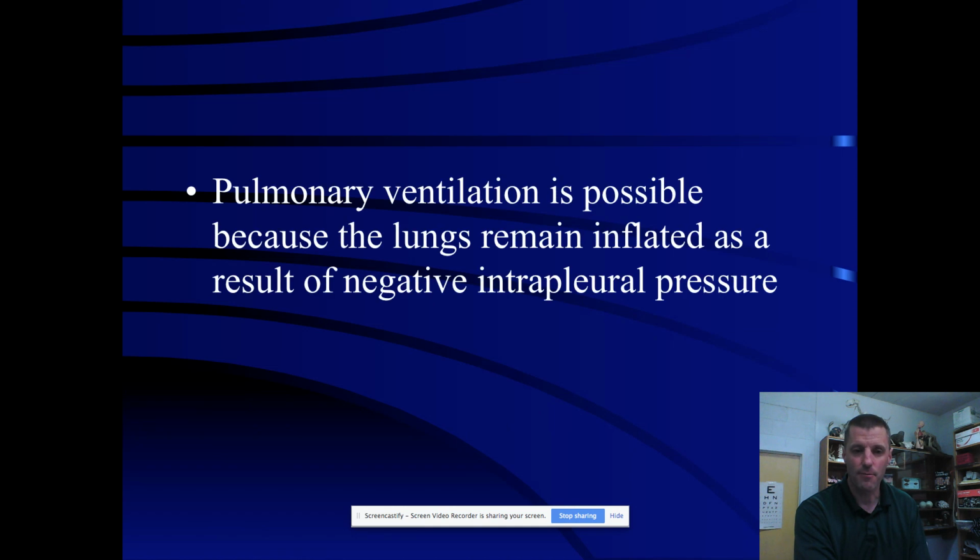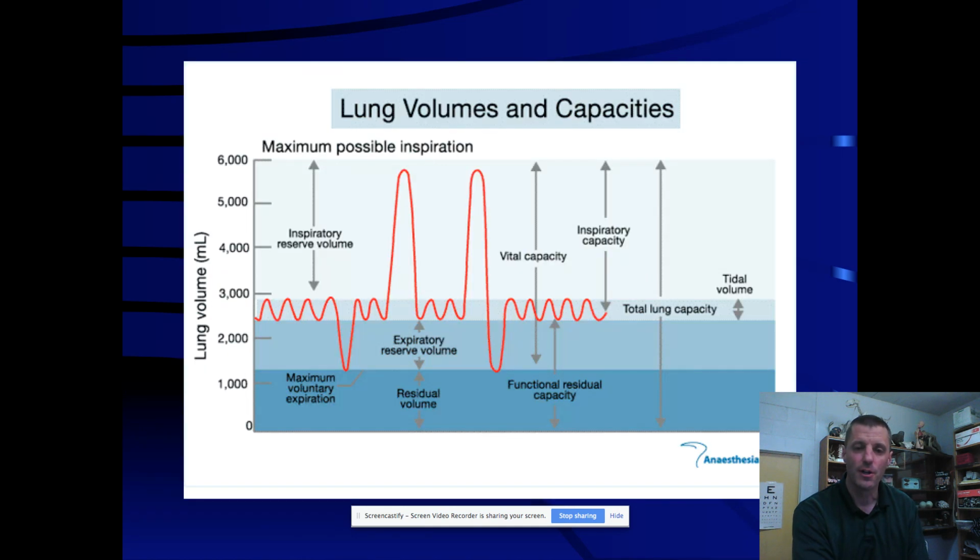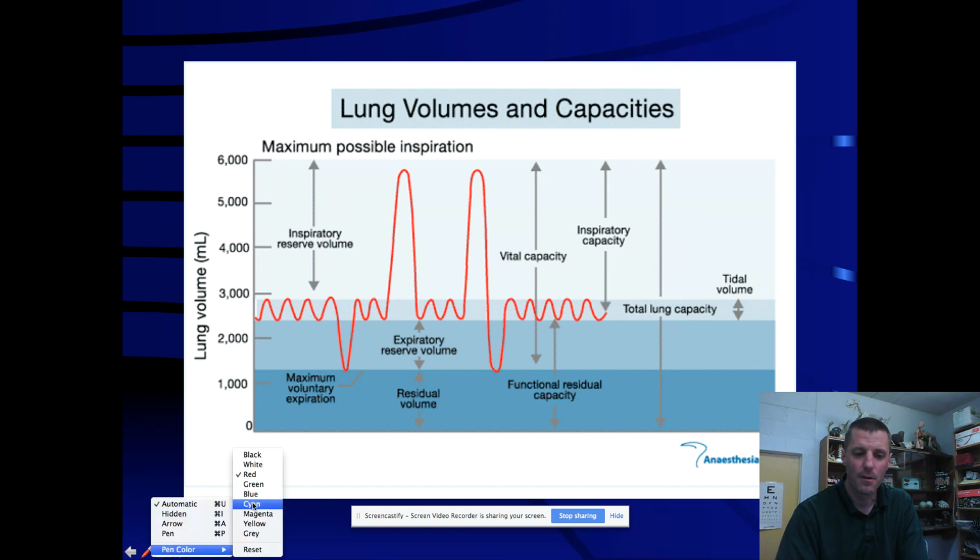We can skip through all of this. You already have all these notes. So there's that diagram again. There are really two parts of this that are critical. Number one is this part, which is the tidal volume. That's what you would normally use.